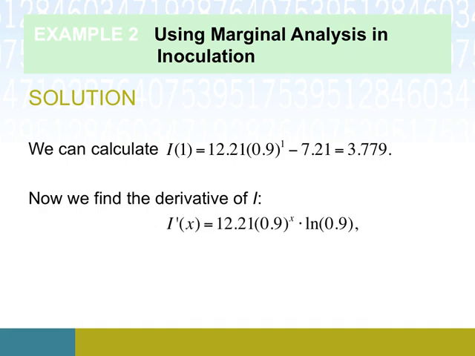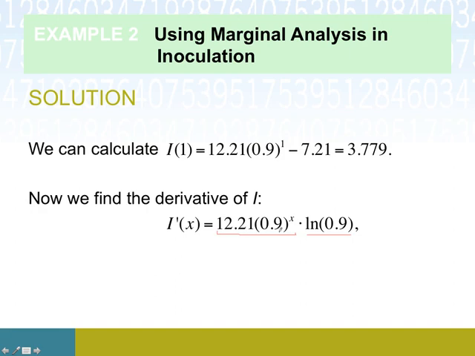We also need to figure out I prime of 1, so that's going to involve taking the derivative of our function. Remember, much like e to the x, some constant times 0.9 to the x basically just survives as it is. Exponential functions are already so much about their own change that their derivative just isn't that much different from the actual function. The only other catch is that we get this extra constant, the natural log of the base of this piece.